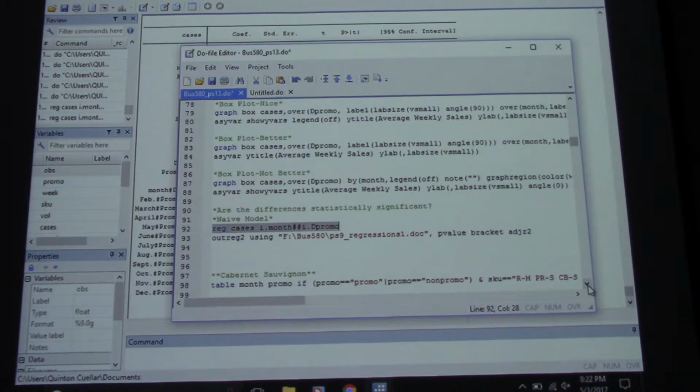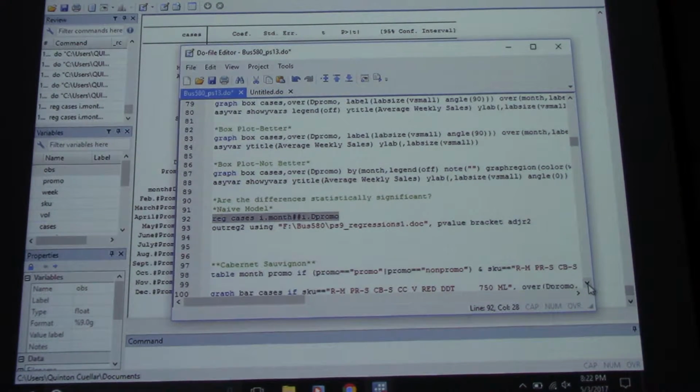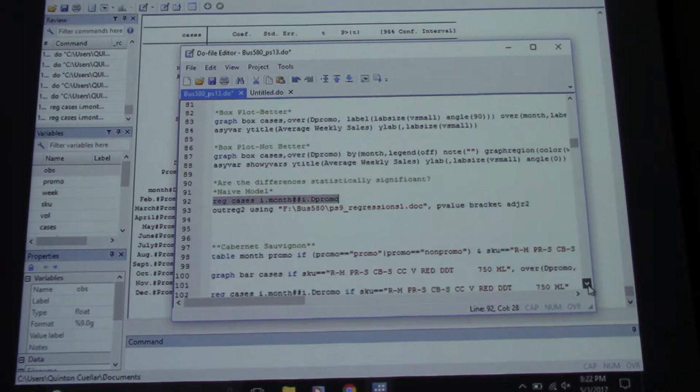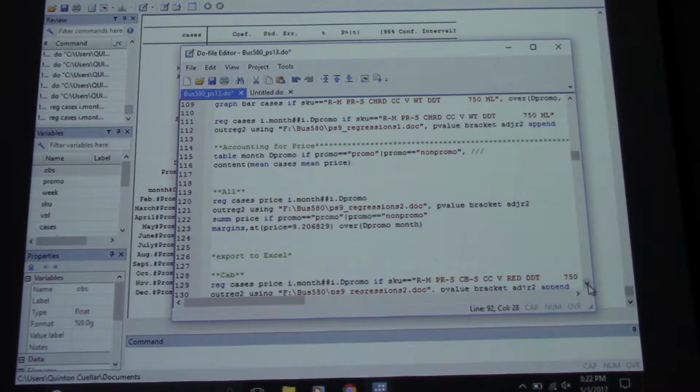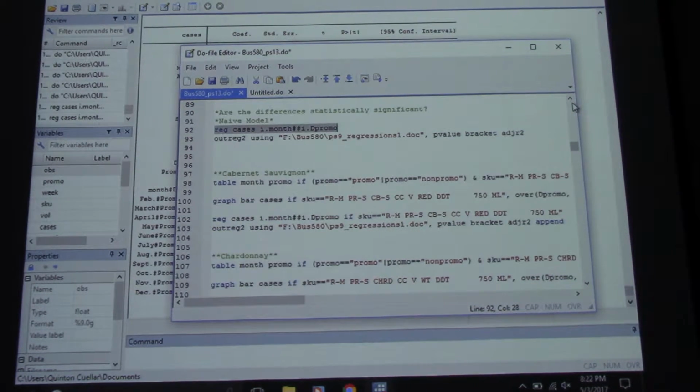Where is my margins? Where'd my margins go? Yeah, here it is. Actually, wait a minute. Margins, comma.